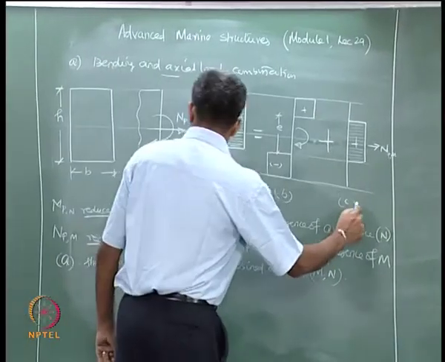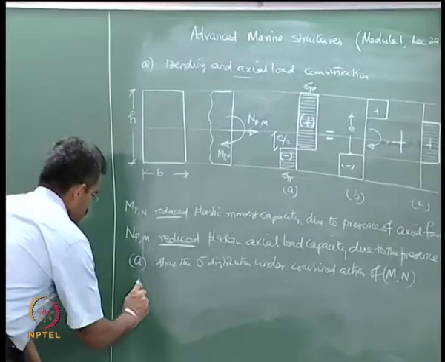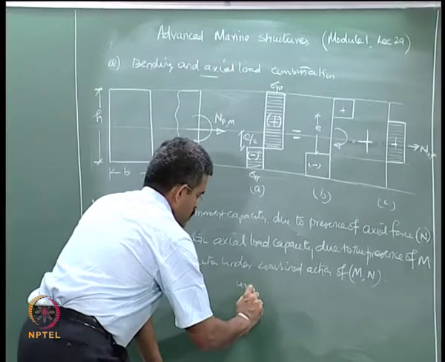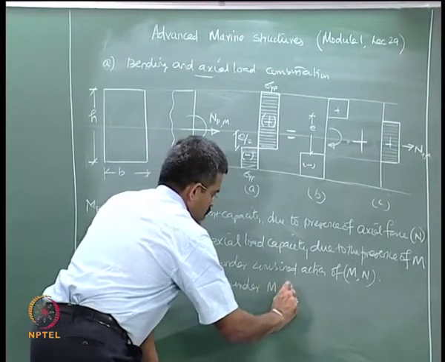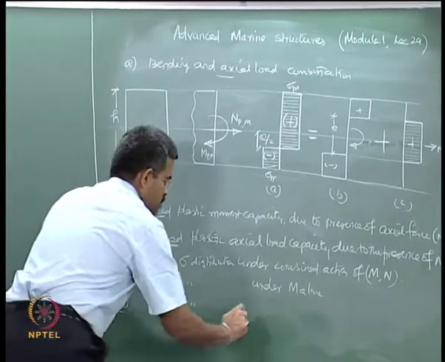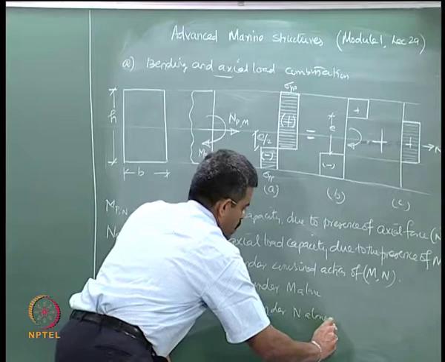So B indicates the stress distribution under M alone, and C indicates stress distribution under N alone.